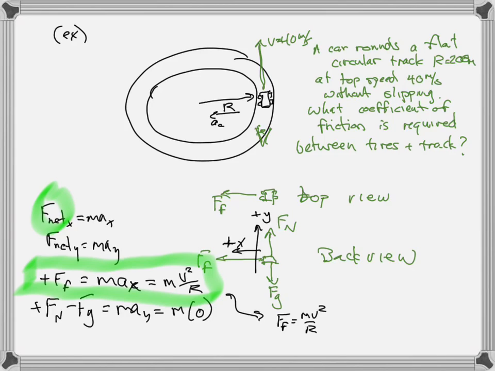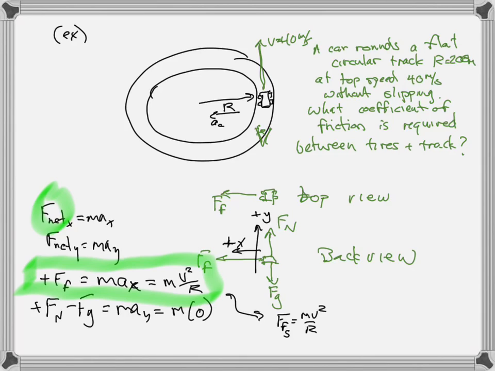So what kind of friction is this? This is static friction. You might say, but the car's moving, but the car's not slipping. If you look at any point on the tire where it's in contact with the road, the tire is not moving relative to the road. So this is actually static friction, Fs.